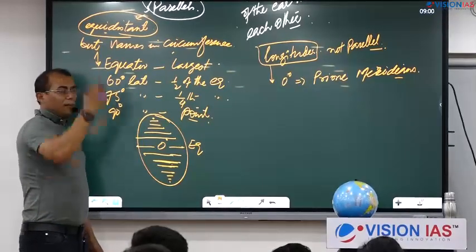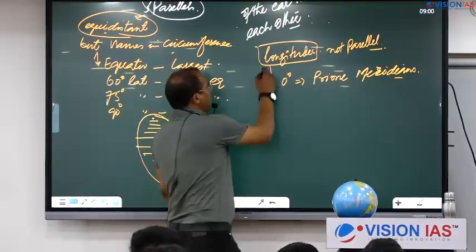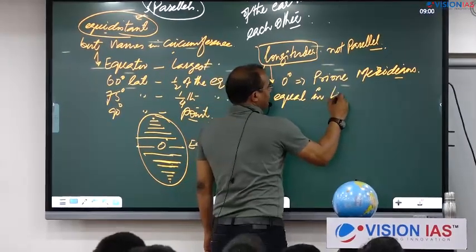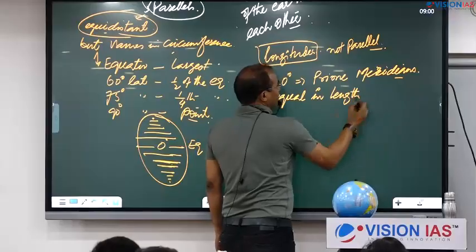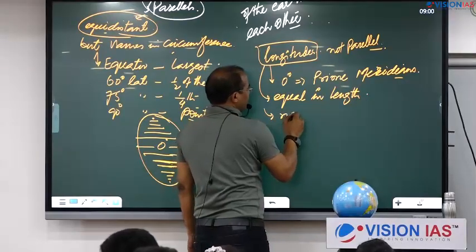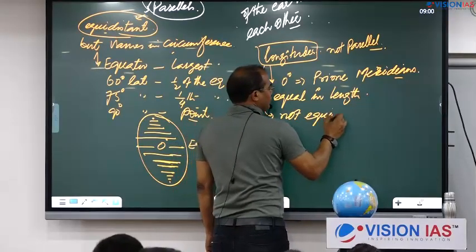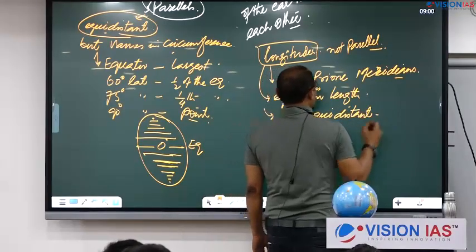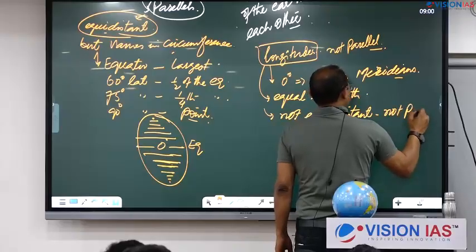Longitudes are not equidistant, so they are not parallel to each other.